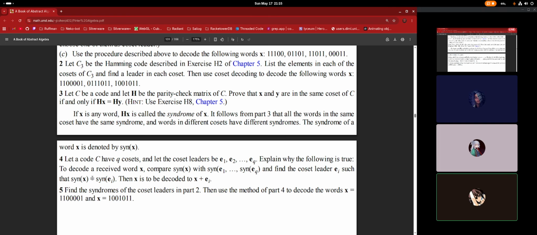If the syndromes are the same, then that coset has the word you want to decode to plus X in it, because the syndrome of it is X. I guess that is true.